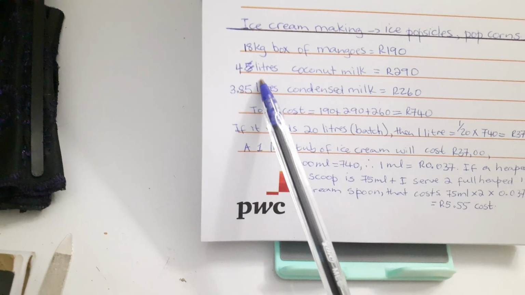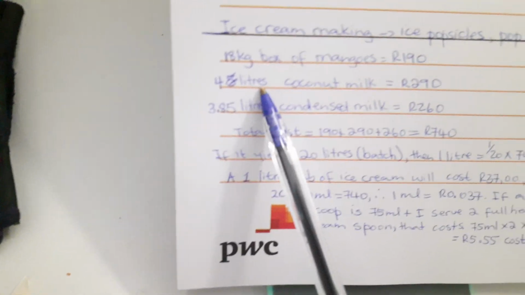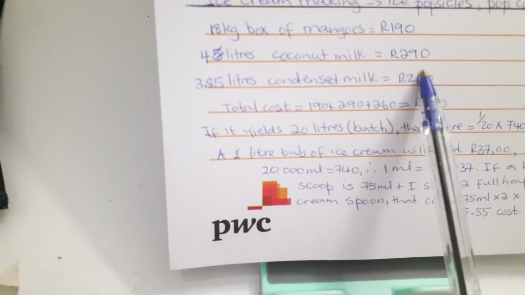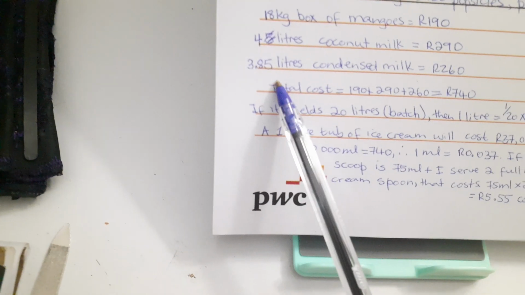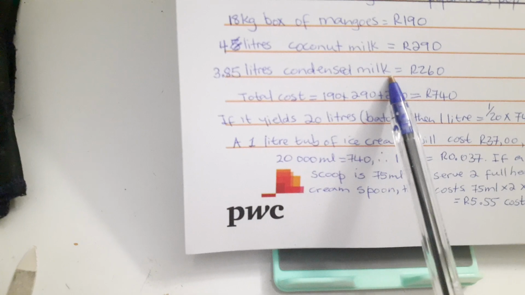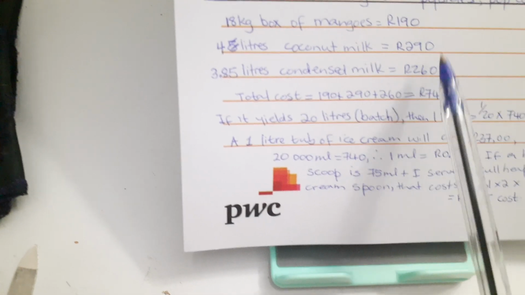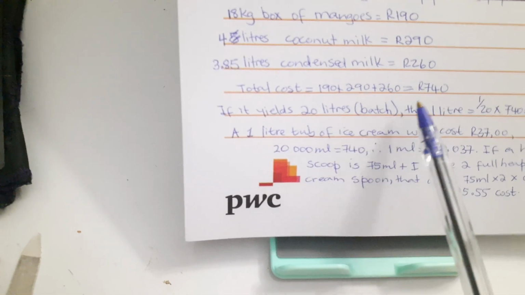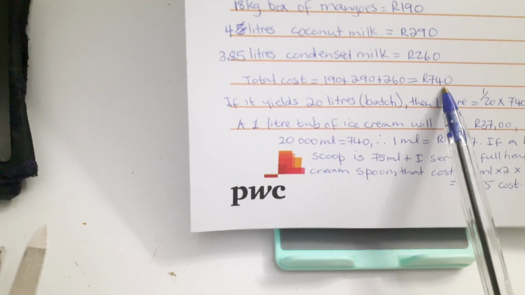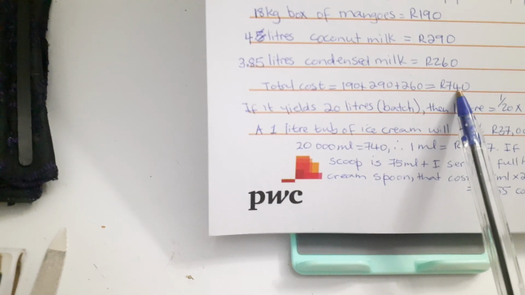Then we'll also need 4 liters of coconut milk at 270 and 3.85 liters of condensed milk at 260. When we add them all up, we get a total of 740 rands for this batch.